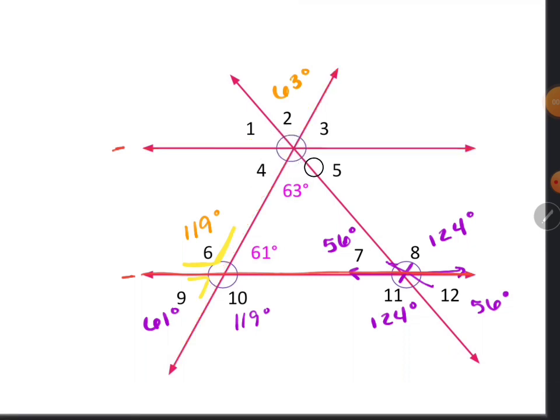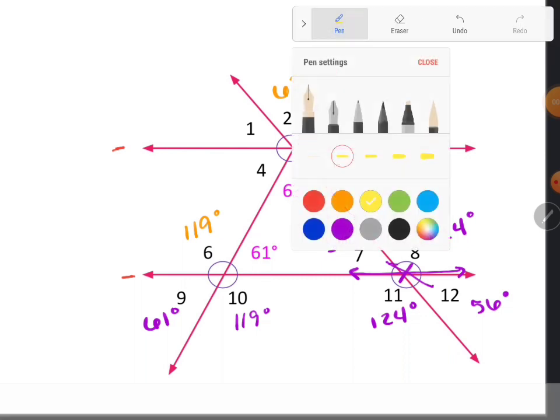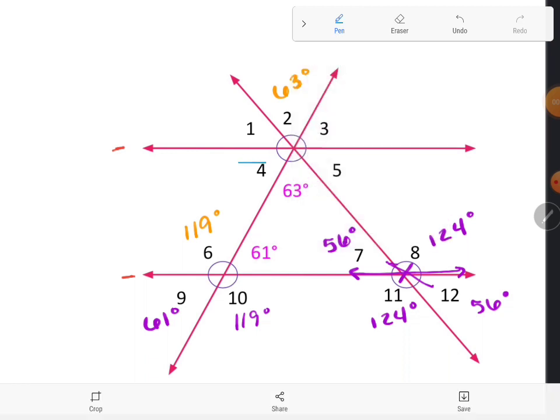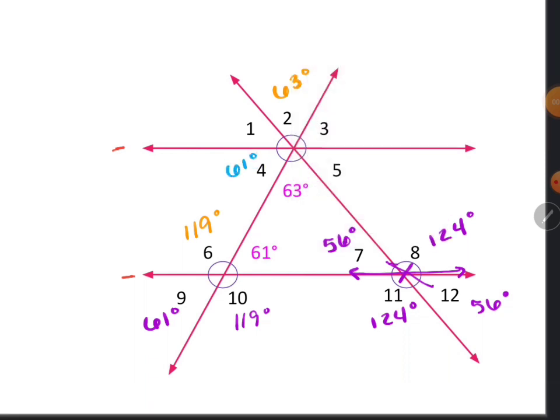So given that information, we can easily determine that angle 4 will be equivalent to angle 9. So angle 4 will be 61 degrees. And complementary to that, we have angle 3, which will be 61 degrees as well.